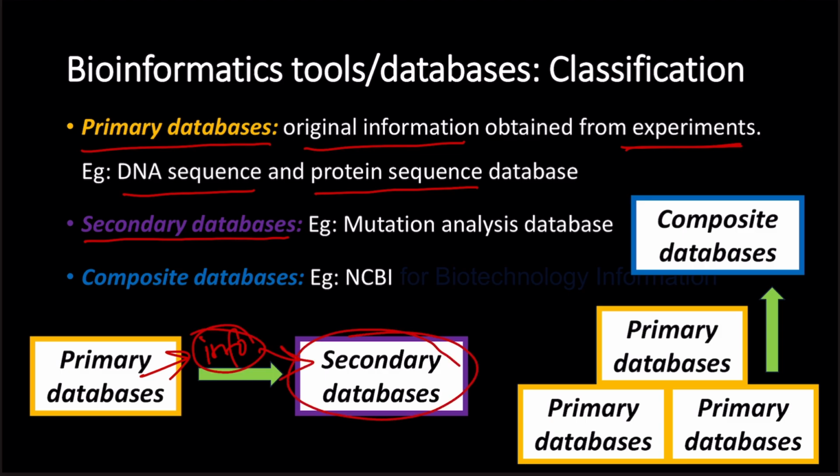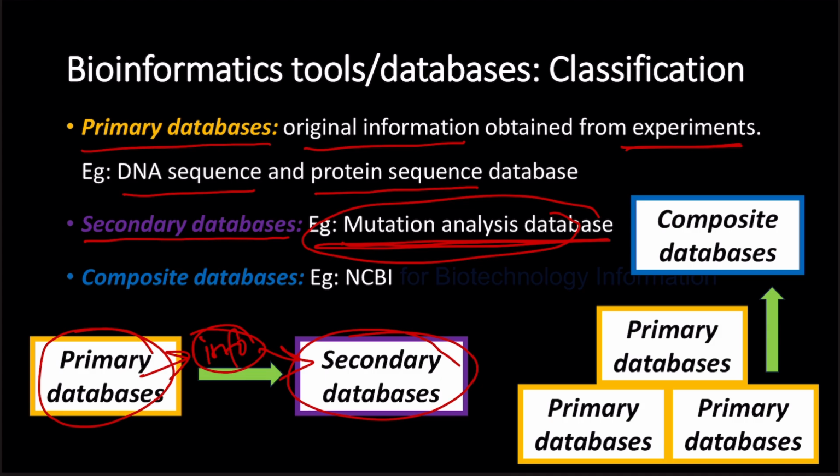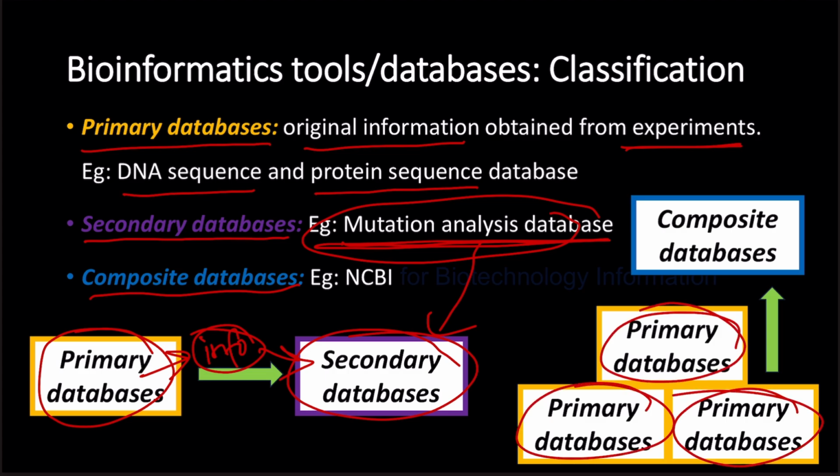We have several examples, like the mutation analysis database. In this, the data sequence present in the primary database, that is basically the DNA, is looked at for several mutations, and with that we create a database known as the mutation analysis database, which is an example of a secondary database. Next is the composite database. A composite database is nothing but a combination of several primary databases. In this way we save time and avoid searching in several different sources.